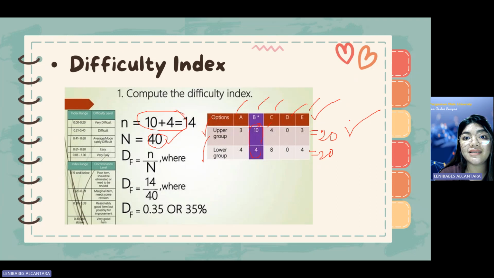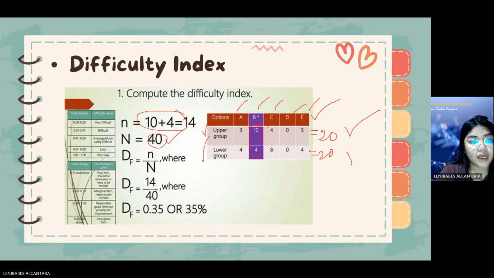Ito yung top 20 na may mataas na scores sa exam or sa quiz. Ito naman yung 20 na may mababang scores na nakarank na. Ibig sabihin, inayos or inarrange ang scores from lowest to highest or highest to lowest. And then, top 20 nasa upper group, top 20 mula sa baba ay nasa lower group.